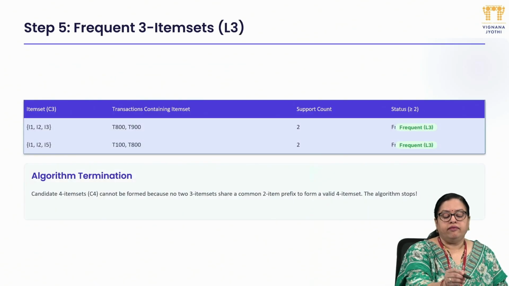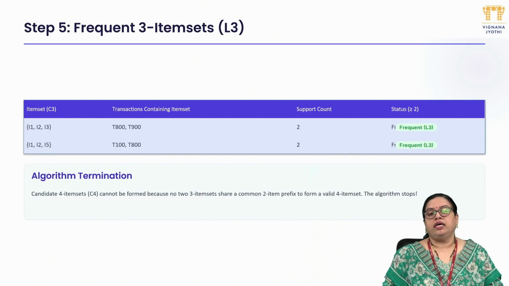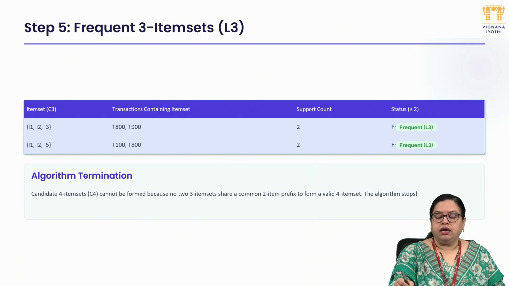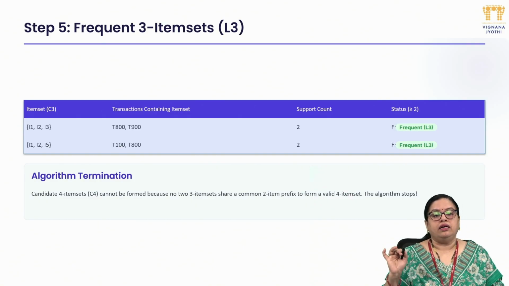Here for the I1, I2, I3 combination, we find the support count is 2, which is greater than or equal to 2. The same thing we follow from the start to the end, and if it is greater than 2 only, we consider these as frequent sets.